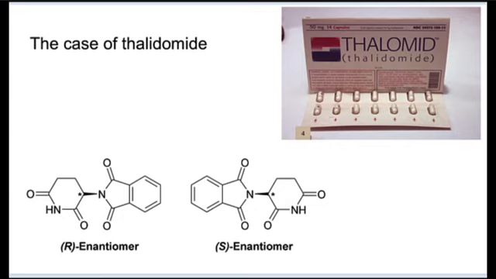One form is called the R enantiomer and the other form is called the S enantiomer of thalidomide. It turns out one of these forms treated morning sickness very well, but the other form resulted in severe malformations of the baby born to the mother who took thalidomide in early pregnancy.